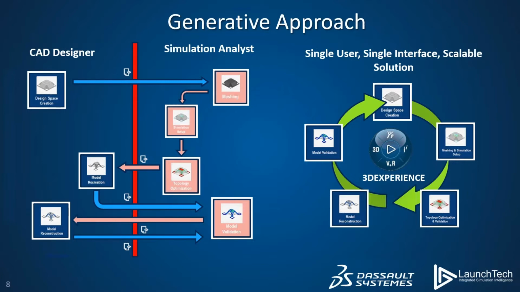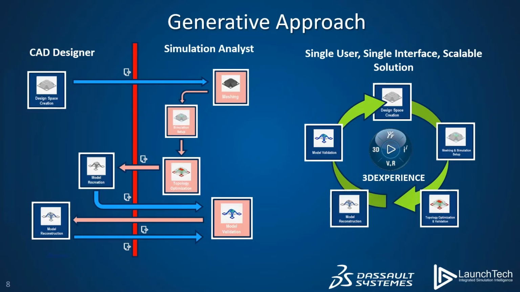What used to happen is the CAD designer would start with his design. Then once he is finished with his design, he will send it to the simulation analyst, who will do the meshing, simulation setup, then perform the topology optimization. From there, again, he will send that model to the CAD designer. The CAD designer will do some changes based on the simulation analyst's input, and again, he will send it for model validation. And again, it is sent back to the CAD designer for the model reconstruction.